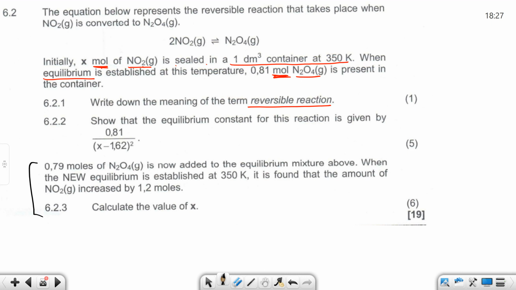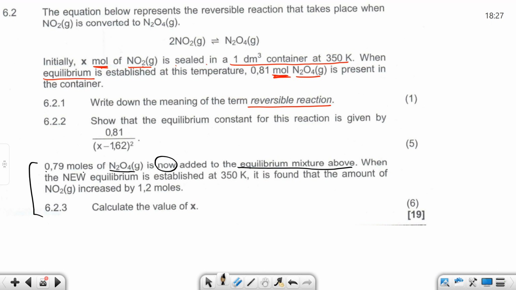Let's read. 0,79 moles of what is added to the equilibrium what? Mixture. You know what we have done? This is now real Le Chatelier's principle. When the system at equilibrium is disturbed, the equilibrium will do what?